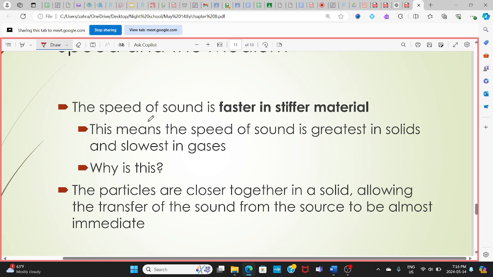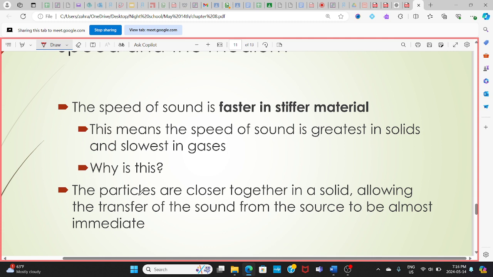Because the railroad is solid, so it transfers the sound wave faster. And they can really hear the sound of the wave, right? Because the solid transfers the sound wave more efficiently. So they put their ear on a railroad to know if the train is coming or not.